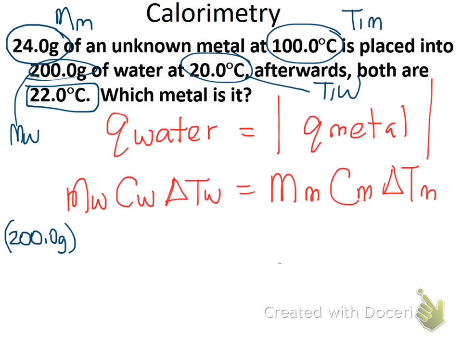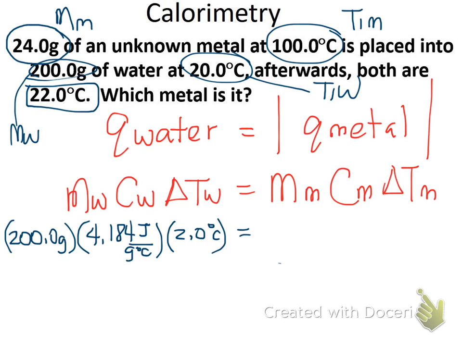And what did you plug in for your specific heat of water? 4.184 joules per gram degrees Celsius. And what's the delta T for water? 2.0 degrees Celsius. It shouldn't be negative because in this case it's actually increasing in temperature. We're going from 20 to 22. It should be a positive 2.0.